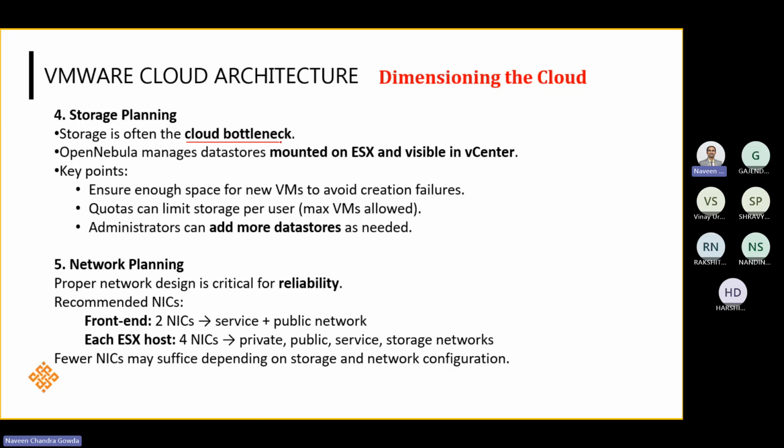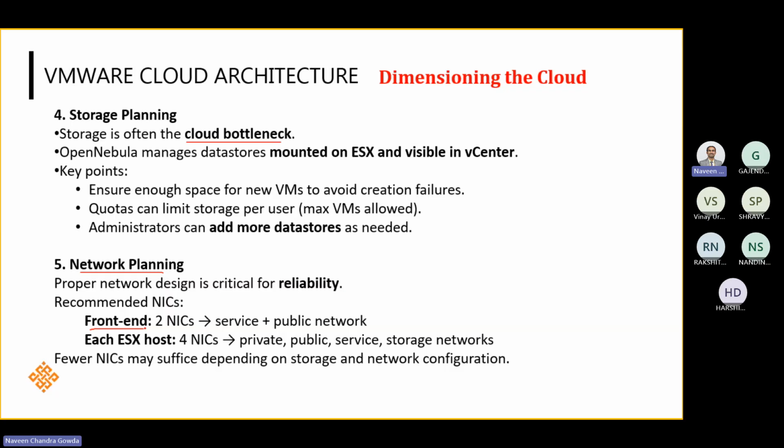But still you need storage based on the requirement. Then obviously you need network planning, to connect the front end with the vCenter, and on the vCenter you have ESX. Above the ESX you have virtual machines, so you need to connect those virtual machines as well.